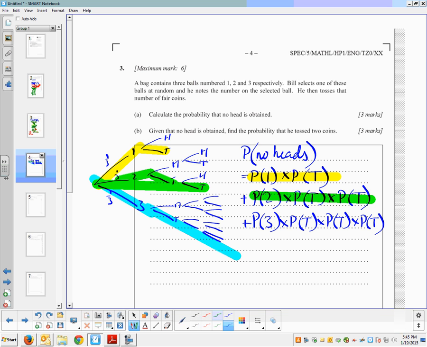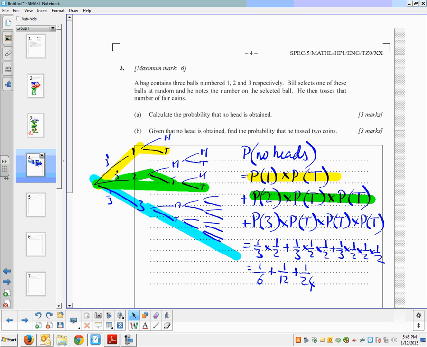Those probabilities are easy to calculate. The first one is 1/3 times 1/2. The second one is 1/3 times 1/2 times 1/2. And the last one is 1/3 times 1/2 times 1/2 times 1/2, which is 1/6 plus 1/12 plus 1/24.